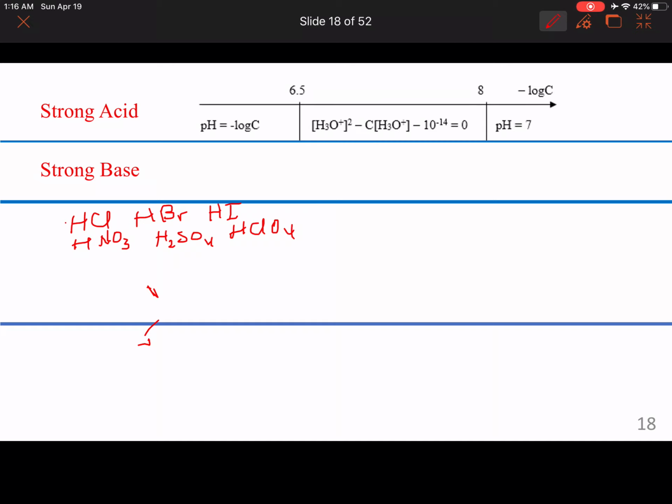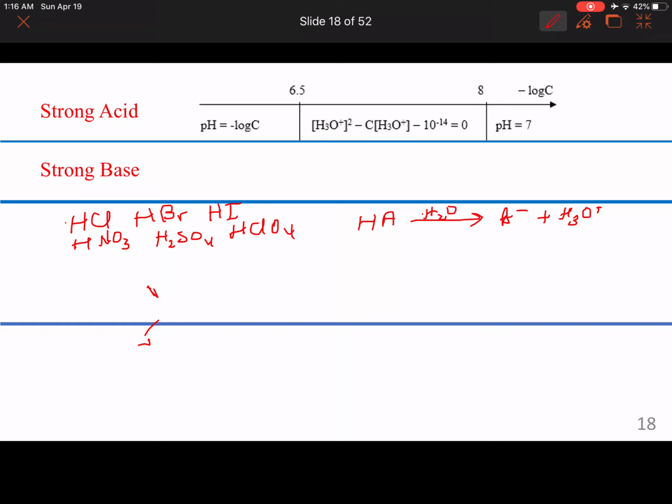So these will dissociate completely, and when they dissociate completely, we mean that whatever strong acid I have in solution of water, reacting with water according to Bronsted, this becomes A minus and H3O plus.